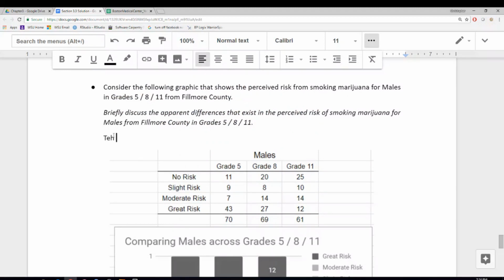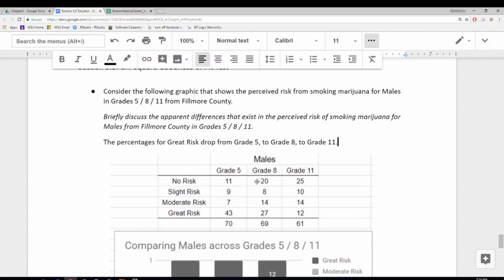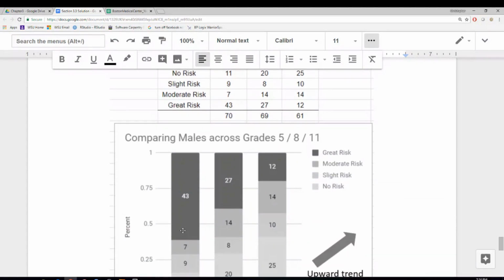So the percentages for great risk drop from grade 5 to grade 8 to grade 11. So what were those percentages again? About 60 to 40 to 20 roughly.